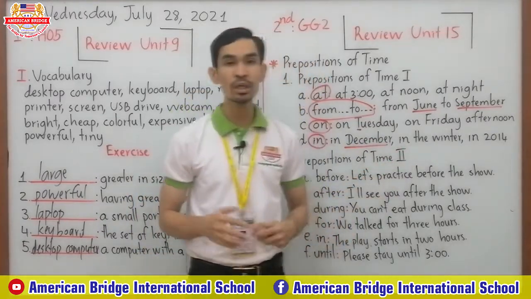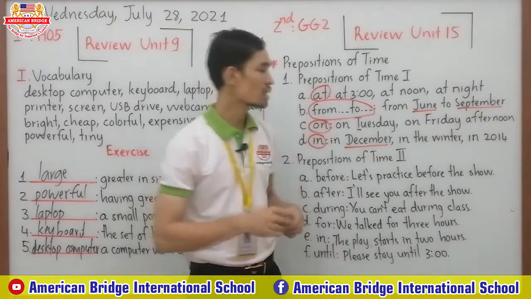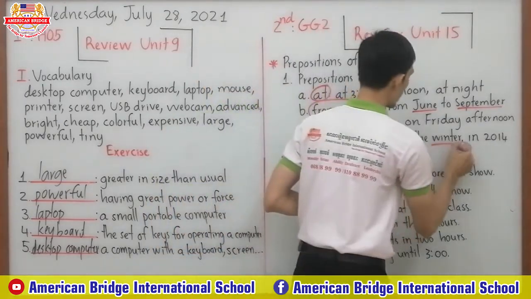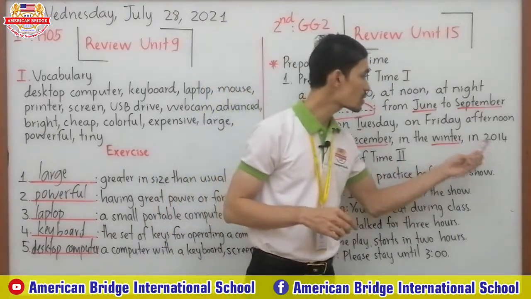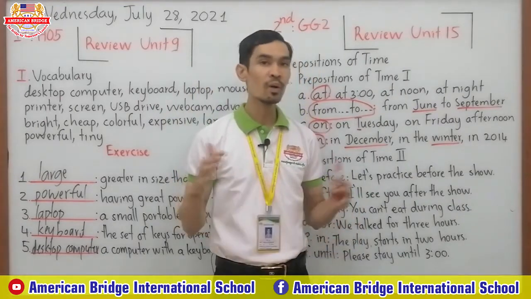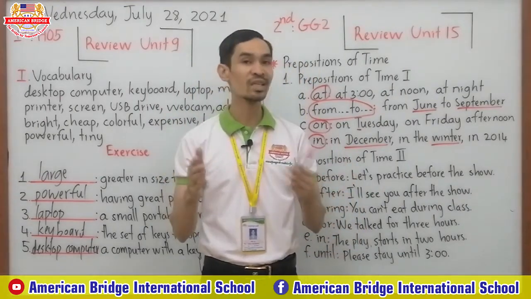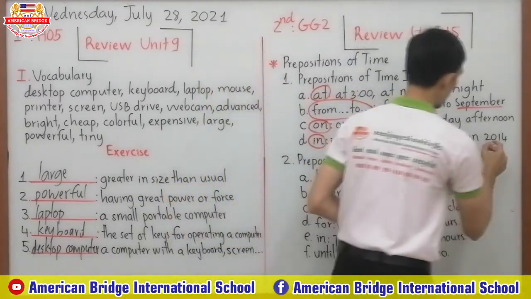In the winter, in the summer, in the fall. So what is it, everyone? Season. When you use a season, you also use the preposition "in". In 2014, in 2021. So what is it, everyone? Year, okay? A year you also use with the preposition "in".